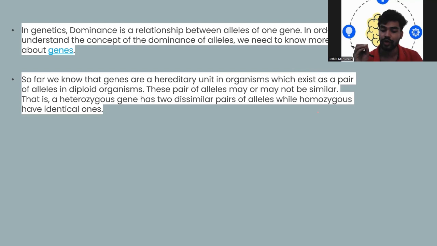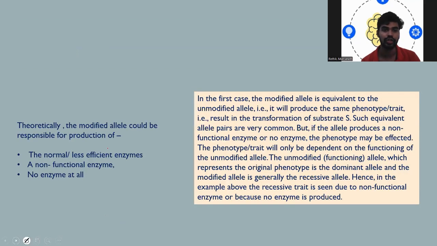Therefore, if the other allele has been modified, it is going to result in production in one of three ways.